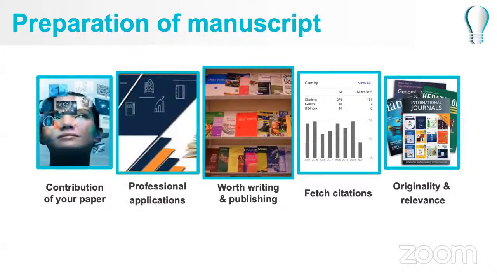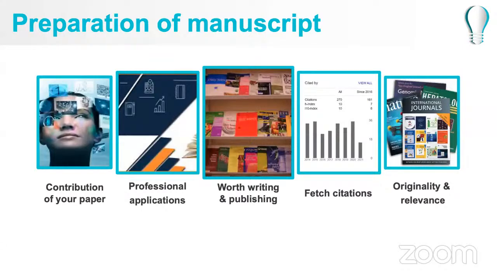So you should have the sense of picking up the research topic, and you should also pick the journal, okay, via which you are going to publish your article. You have to think about whether it is worth writing and publishing in that research area.